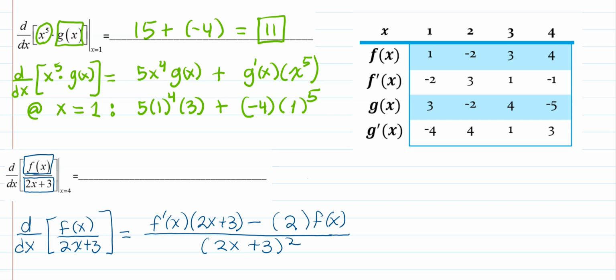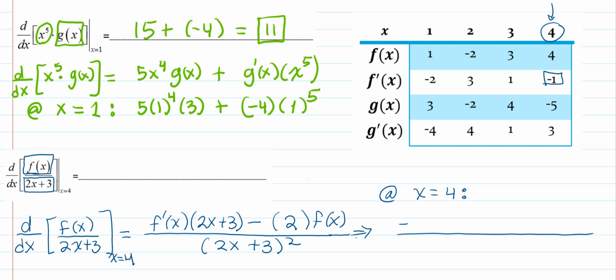Okay, now we are going to evaluate that at x equal to 4. So we're looking at this column there at x equal to 4. So at x equals 4, we have the derivative of f of x, which is right here, -1 multiplied by 2x plus 3.